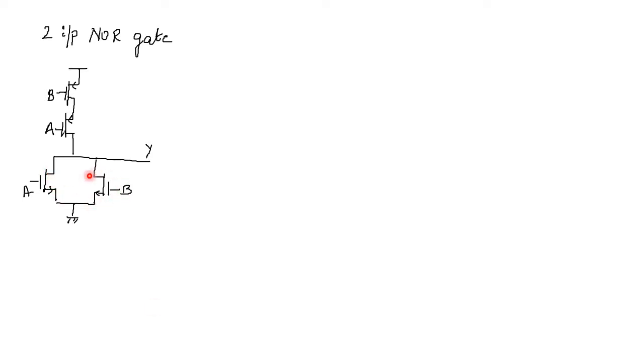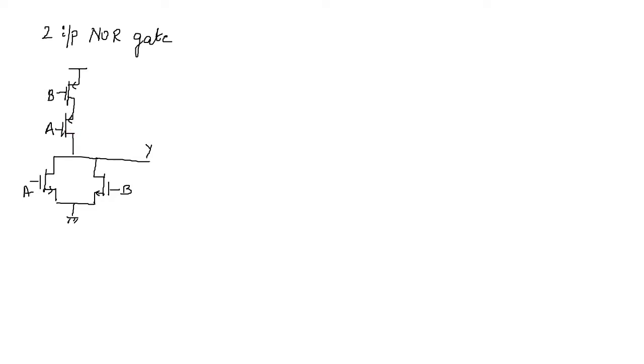The worst case on the NMOS side will be when one of these two transistors is on; this should provide a resistance equal to R. Similarly, when both the PMOS transistors are on, this should provide a resistance equal to R, as in, each of these transistors must provide a resistance equal to R by 2 and R by 2.